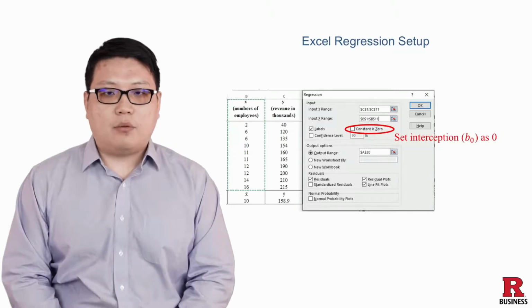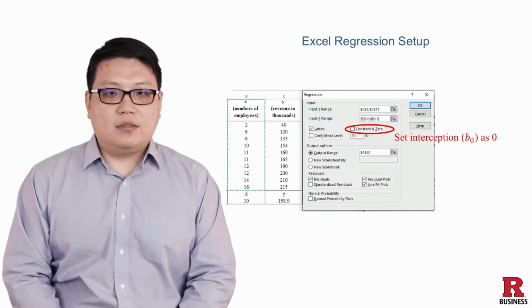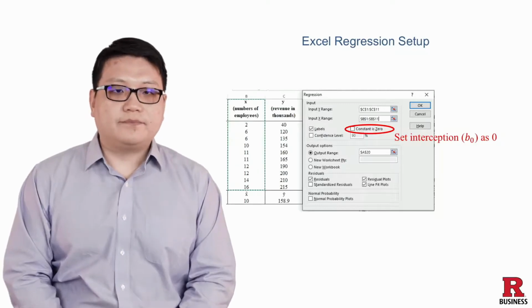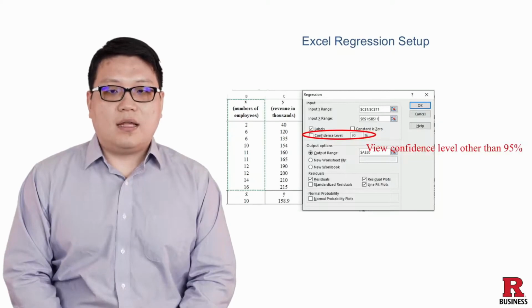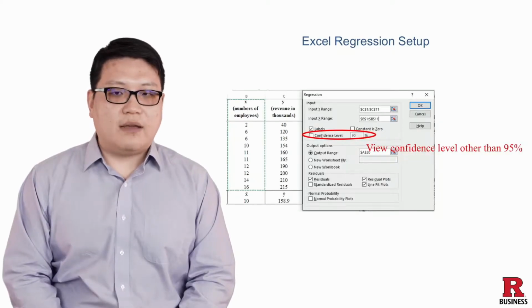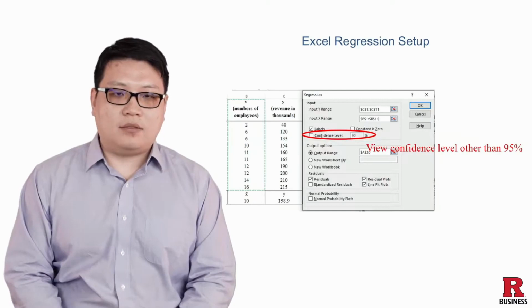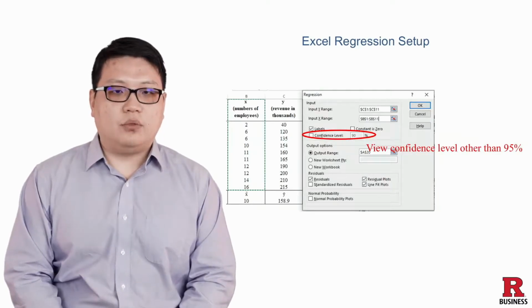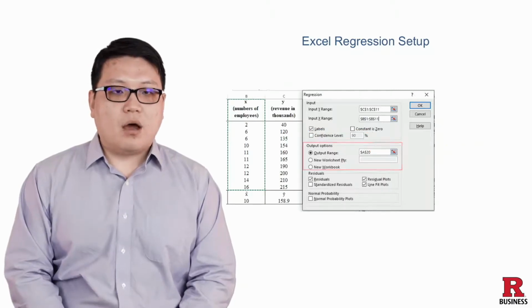If we set this, our regression line will start from the origin. Usually we don't check that. The confidence level option is for if you want to view a confidence level other than 95%. By default, Excel will show us a confidence level of 95%. If you want to see some other number, you can check that and put in the desired percentage.